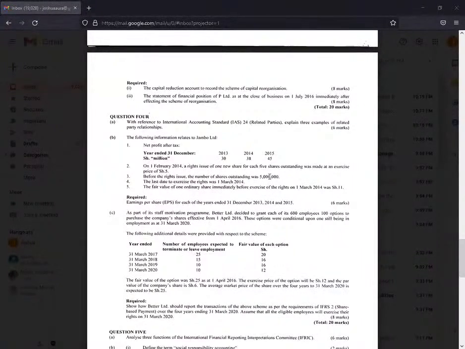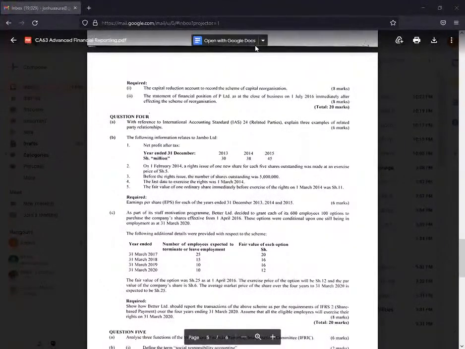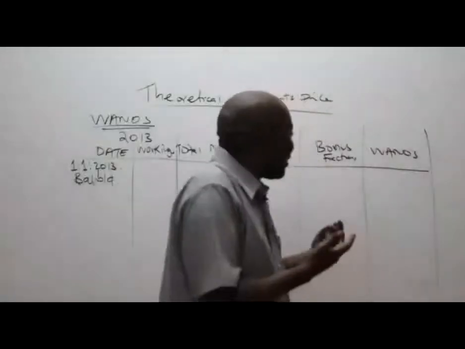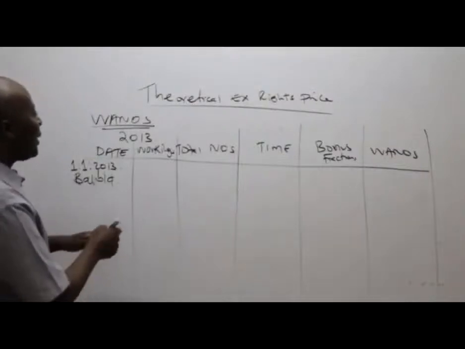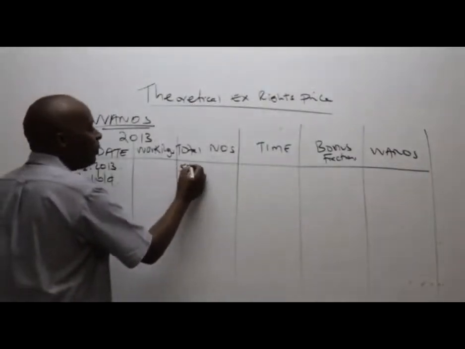So all along, before the rights issue, we have been having 5 million shares. And then note number 4, the last date to exercise the rights issue was 1st March 2014. I told you to delete that statement. Note number 5, the fair value of 1 ordinary share immediately before. Ladies and gentlemen, before the rights issue, which took place in 2014, we've been having 5 million shares. So 2013 is closed. I ought not even to have drawn this kind of a big table for 2013, because in 2013 the total number of ordinary shares here was 5 million.